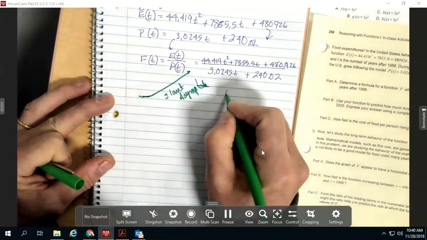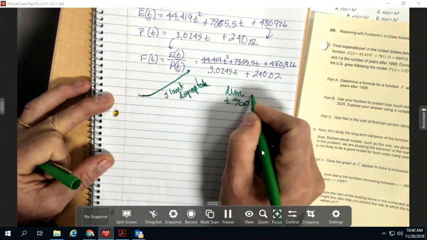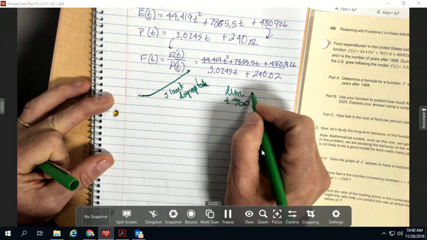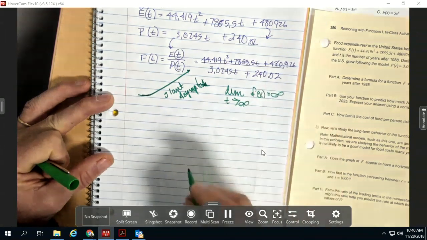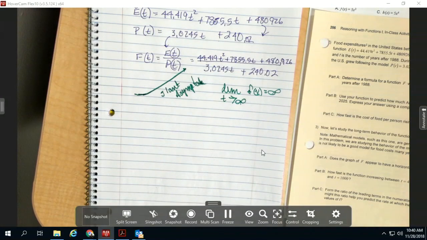Now, the limit as t approaches infinity of f of x is infinity. That's true. It's just going to keep on going up and up forever and ever. But we can tell what its rate of change will be. And that's the important thing.